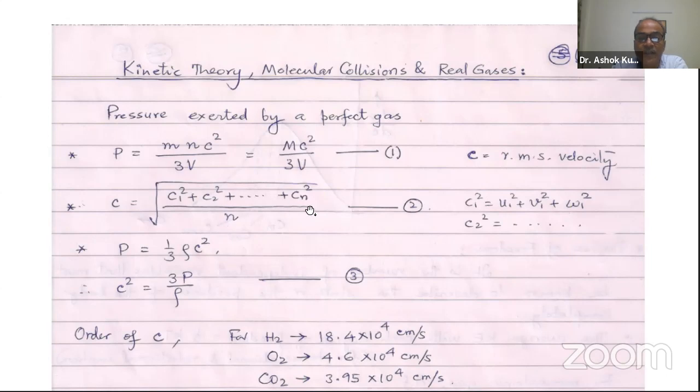Okay, so if n number of particles are there, C square can be written as C1 square plus C2 square plus C3 square up to Cn square, divided by n, the number of particles. This whole term is the mean of the squares of velocities of the particles. Is it clear?